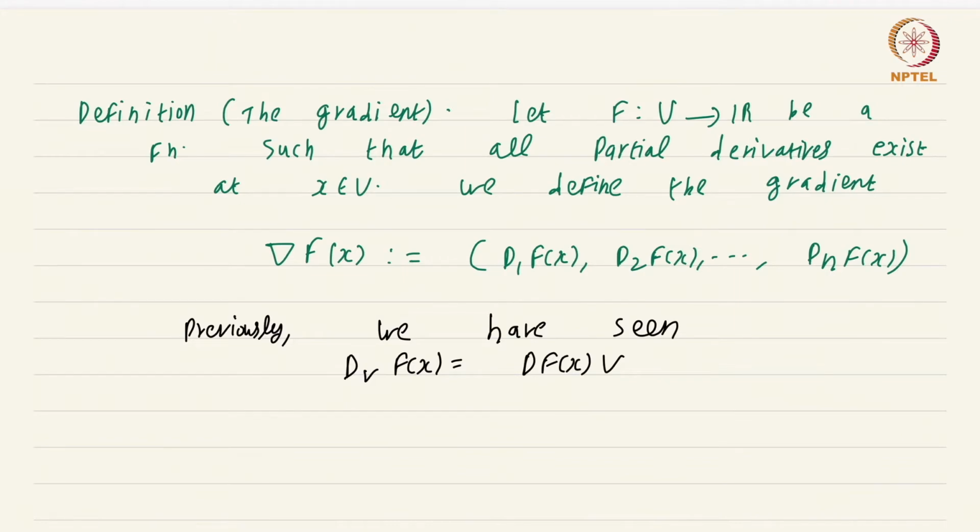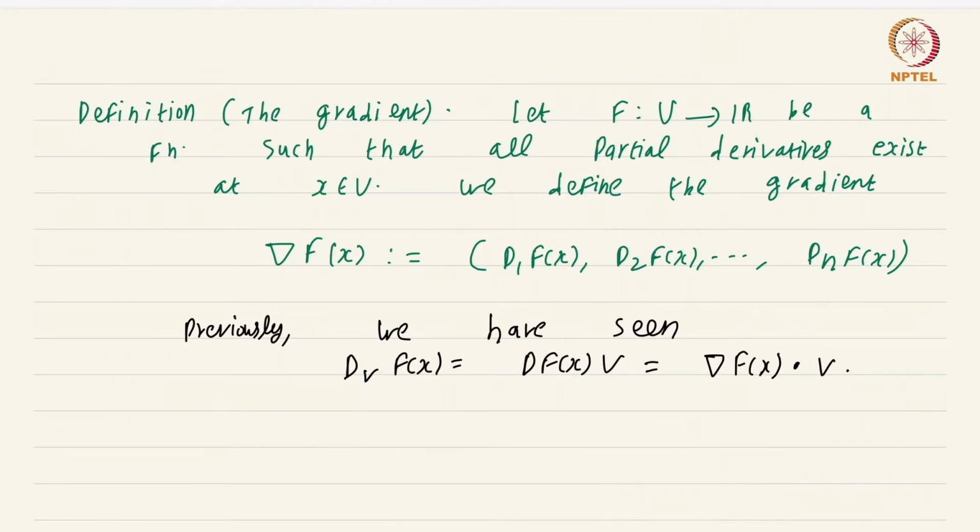So this is the same as the gradient of f(x) dot product, the standard inner product on Rn, with v. Okay, so we have several ways of writing down the directional derivative along v of the function f at x, provided f is differentiable.